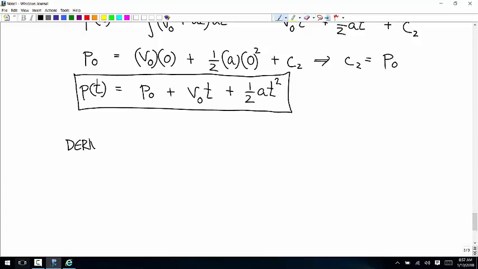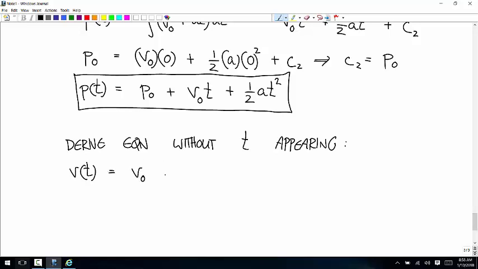So we'll derive one equation without t appearing. And we'll do that by, so we know that velocity as a function of time is equal to v sub 0 plus at.